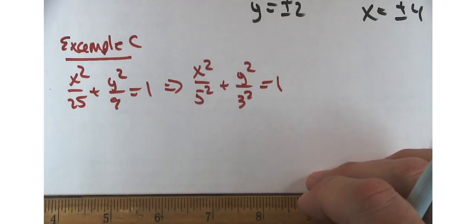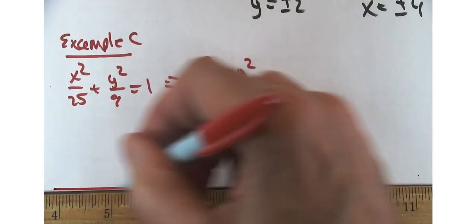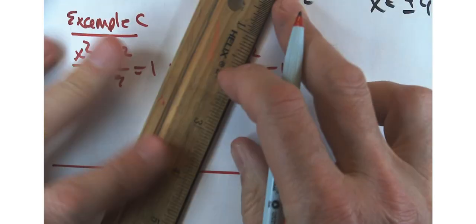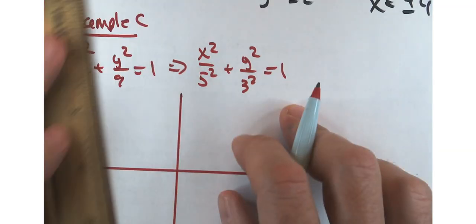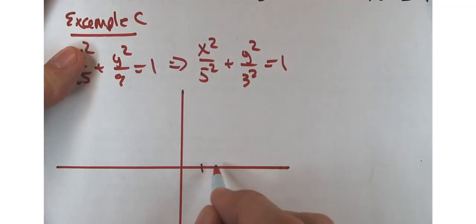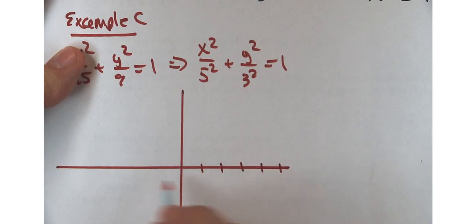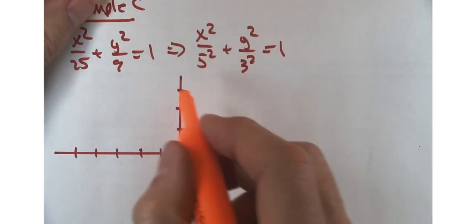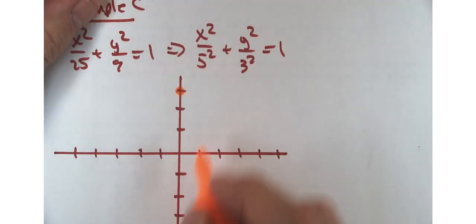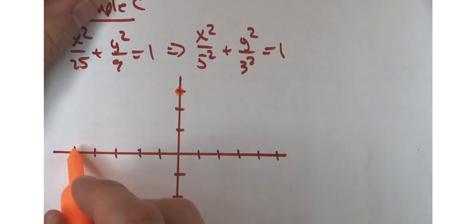So you'll draw something a little bit wider than it is tall. Up 3 and down 3 in terms of your vertices in the y direction, and then to the left 5 and to the right 5.